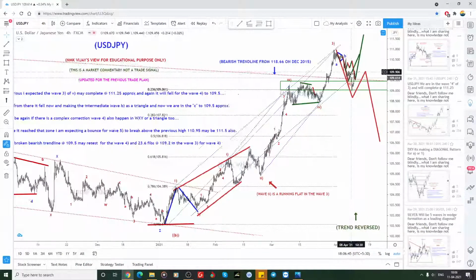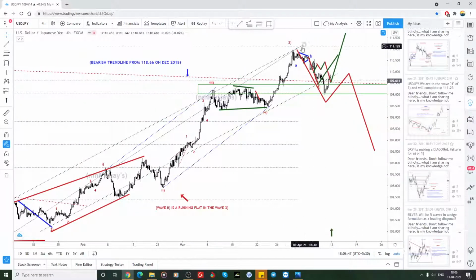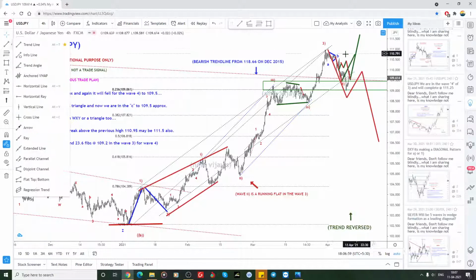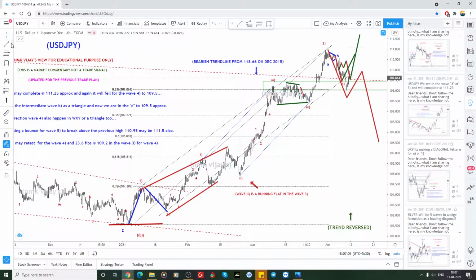Otherwise, if from here it makes a new high, it means there is no change here. 1 2, so 1 2 3 4 5 actually is a 1 2, and this is the end of the third wave. So if it already made one more new high, and if it breaks this high, then this is a valid count.